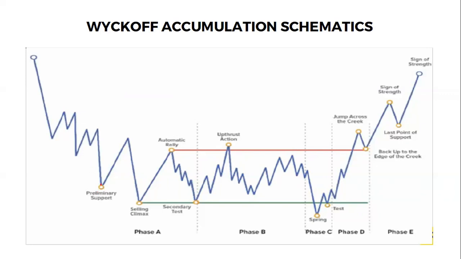Now, preliminary support. Every single time the market is going down, a preliminary support is stopping the trend. I'm going to show you with an example. Let's assume that the market is going down, and slowly the market trend is being stopped.